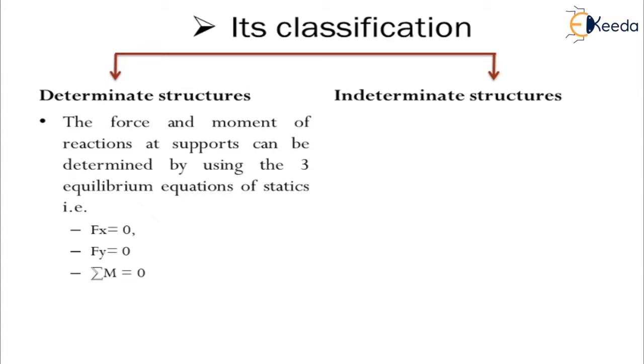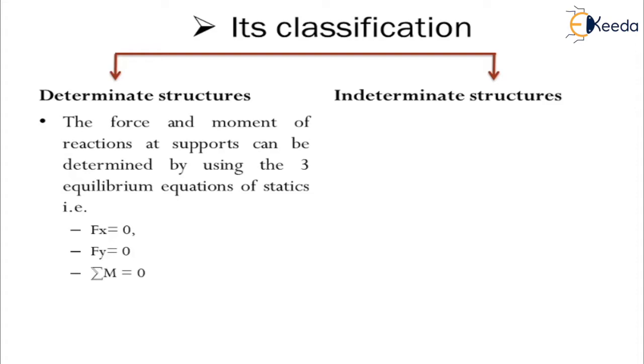For example, a simply supported beam, cantilever beam, or overhang beam. If we take an example of these three beams, for cantilever beam, the end condition is having three unknowns. A simply supported beam is having three unknowns, two for hinge support and one for roller support.